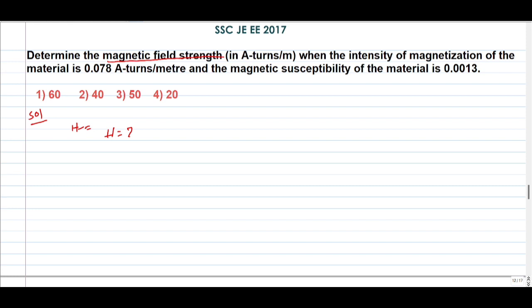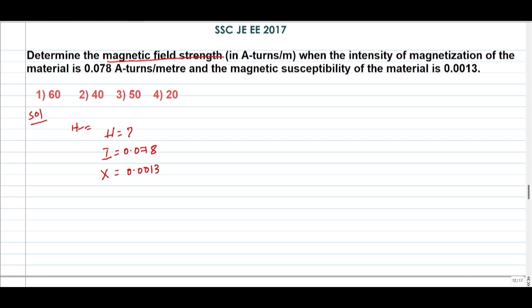So the given intensity of magnetization of material, that is I is equal to 0.078 and the magnetic susceptibility of the material, the magnetic susceptibility is nothing but X, is 0.0013. Okay, these are the given parameters. So now we need to find the H, that is magnetic field strength.